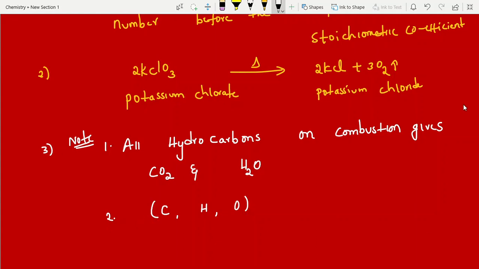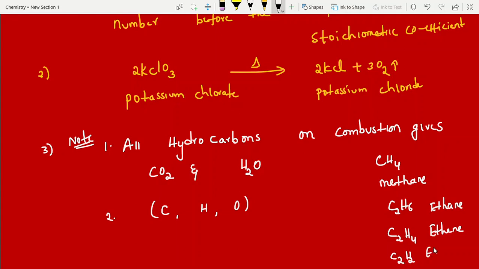Common hydrocarbons, tell me students, you know what this first one is? Methane, right? Second one, ethane, C2H6. If 2 carbons are there, we use the root word eth. Next, ethene, just 2 hydrogens less. This is ethene. Next, ethyne, C2H2.